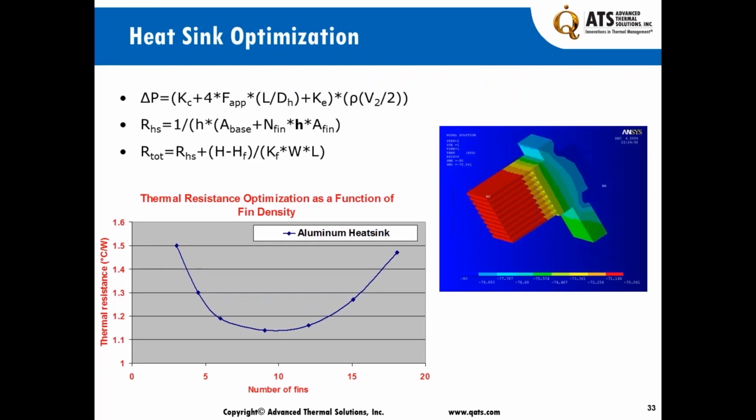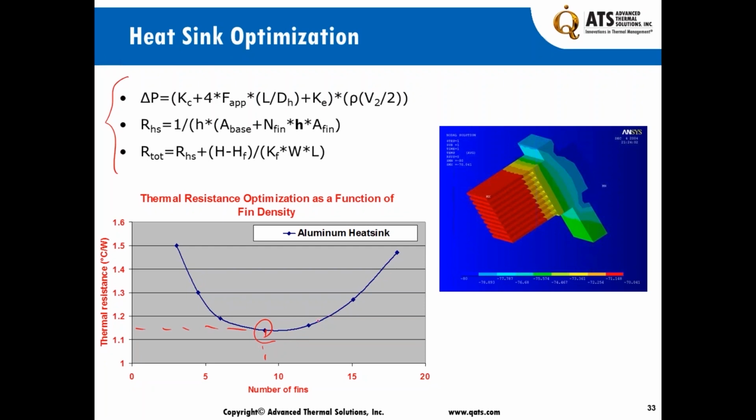When we went through the optimum design of the heatsink, we saw that there's a point of optimum associated with this heatsink, and the thermal resistance is about 1.15. The analytical model that we always go through showed that it is consistent with our calculations, so we could now go to production and produce the part that was designed. And you can see this is a traditional effect that we see as you increase the number of fins.